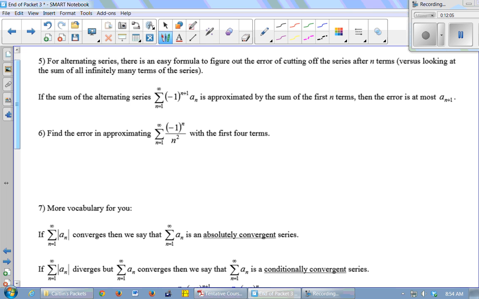But usually we take partial sums, and partial sums are better and better estimates of the entire infinite sum. So if you take a partial sum that includes only n terms, a finite number of terms, the error of approximating by that sum using only n terms instead of all the terms is at most the next term in the list.